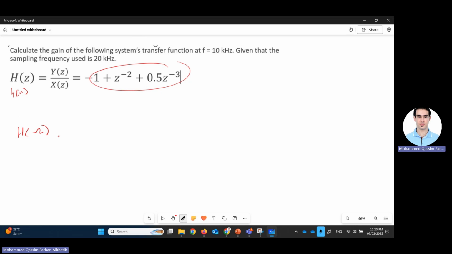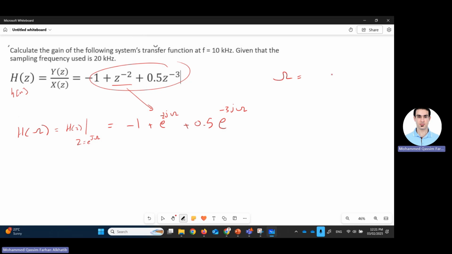H of omega equals h of z at z equal e to the power j omega. So I'll have -1 plus e to the power negative j omega by 2. So this one will lead to this coefficient, plus 0.5 e to the power negative 3 j omega.